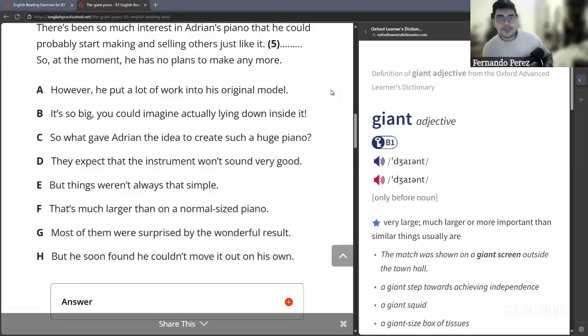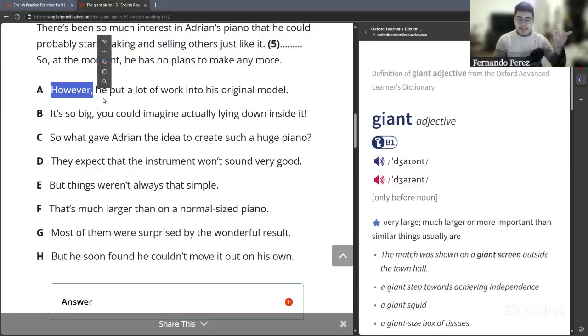If you have an introduction word like however, it's very probable to be the first sentence in the paragraph, because however is a connector for introduction.